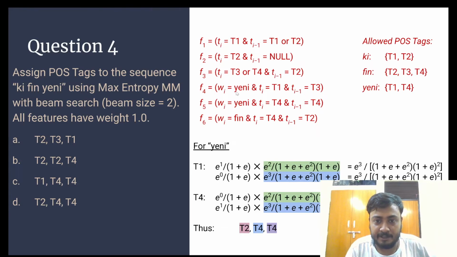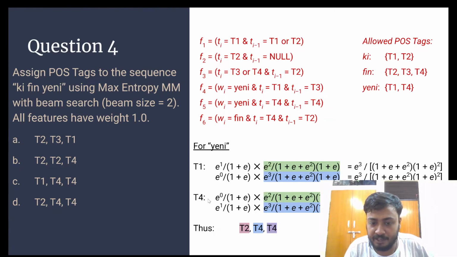F4 is applicable: current word any, current tag T1, previous tag T3. So e to the power 1. And if the previous tag was actually T4, then nothing is applicable, because current tag is T1, previous tag T4, current word any, nothing is applicable. So e to the power 0.